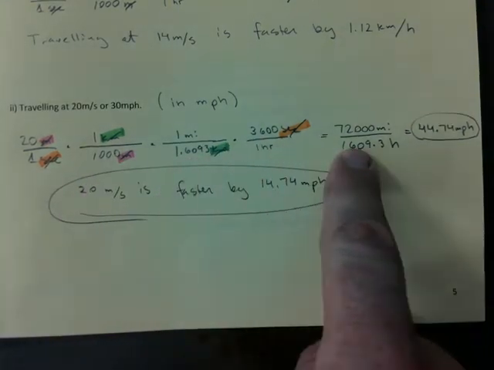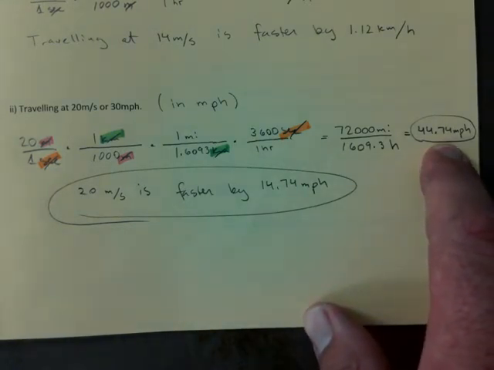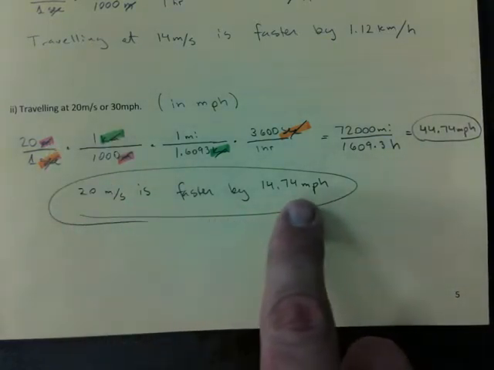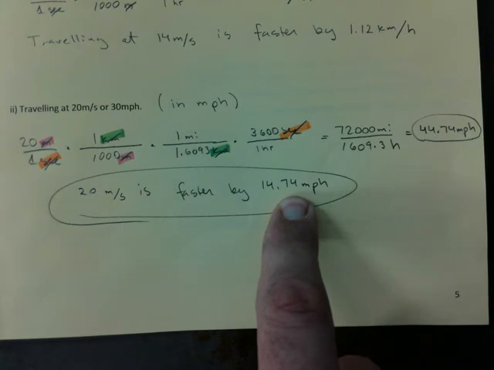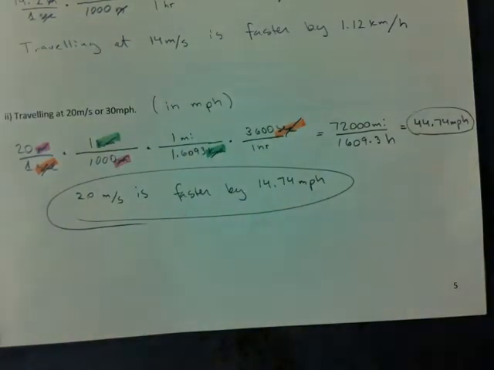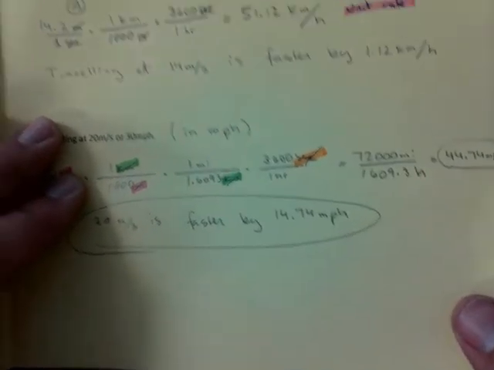Ultimately, you should end up with 44.74 miles per hour. Then you conclude that 20 meters per second is faster by this many miles per hour, and that's that. Some of them are very easy to figure out the difference, and that's fine. You don't need to show the work on the side if you know how to do that.